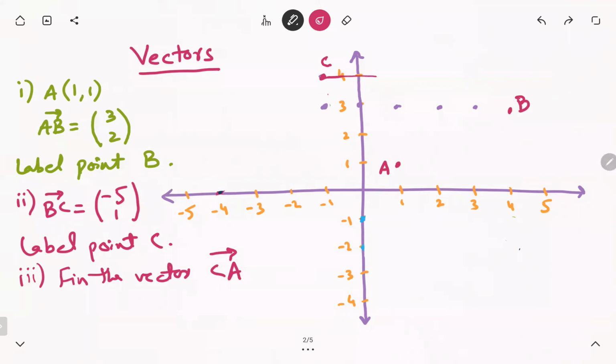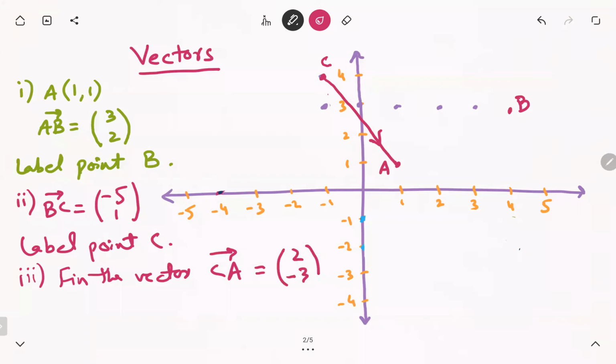So 2 units right means +2 and 3 units down means -3. If you want to draw the vector, you can join C to A, and the direction will be this. So the vector CA starts from C, 2 units right means positive 2, and 3 units down means negative 3. So this is the column vector CA, which is (2, -3).